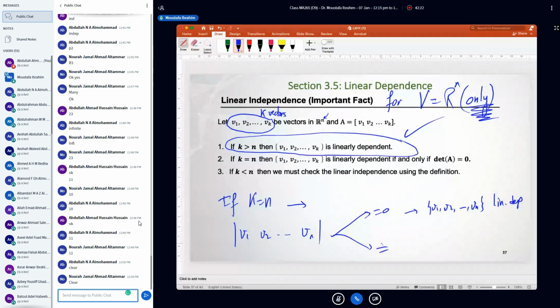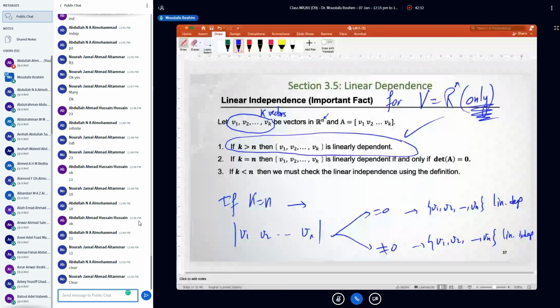If it's different than 0, then v1, v2, ..., vn are linearly independent. Is it clear? So if k equals n, you can directly find if they are linearly dependent or independent using the determinant. And this one is only for Rn, and only when k is equal to n, not anything else.